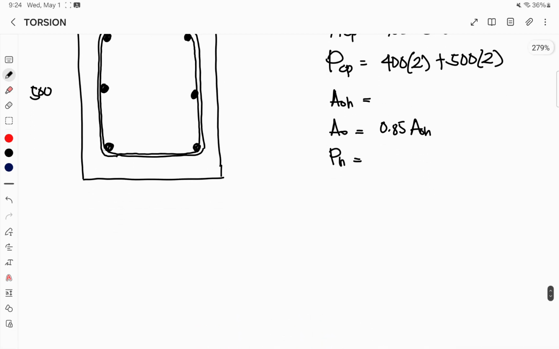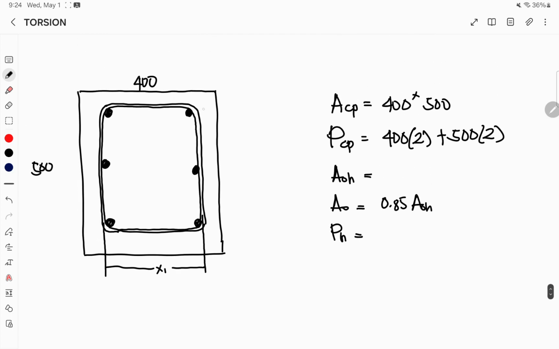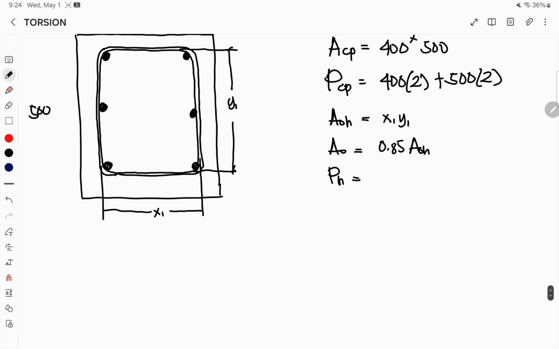We get the dimensions at the center of the stirrup: we have x1, and then, again at the center, we have y1. So the Aoh would be x1 times y1.